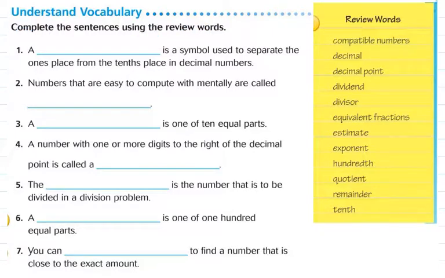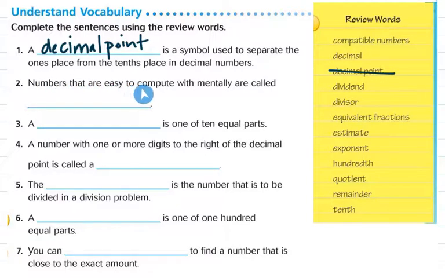So boys and girls, a blank is a symbol used to separate the ones place from the tens place in decimal numbers. Well, boys and girls, if we look up at our decimal chart, we know that it is a decimal point. Now what I'm going to do is I'm going to go and I'm going to cross that off my list because I've used that. Now I'm going to go on to the second one, number 2.